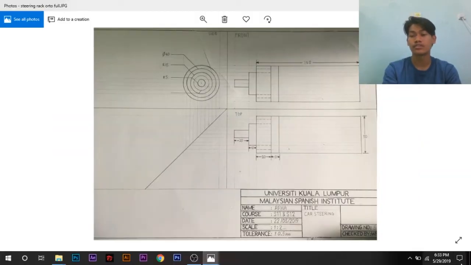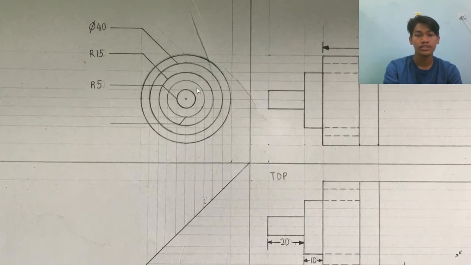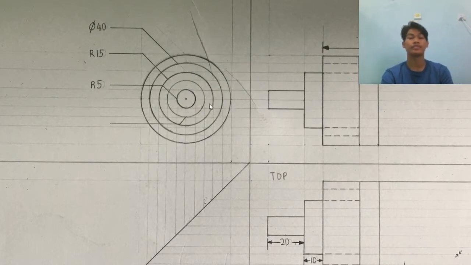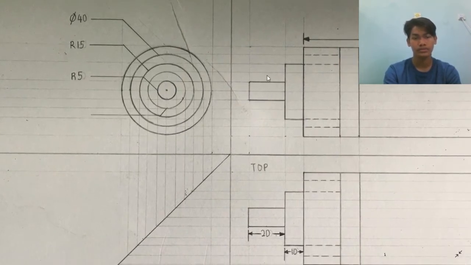For the orthographic projection of this part, for the side view of the steering rack, the radius of the first, which is the longest cylinder, is 5 millimeter, and the second cylinder has a radius of 50 millimeter, and this part is 50 millimeter.